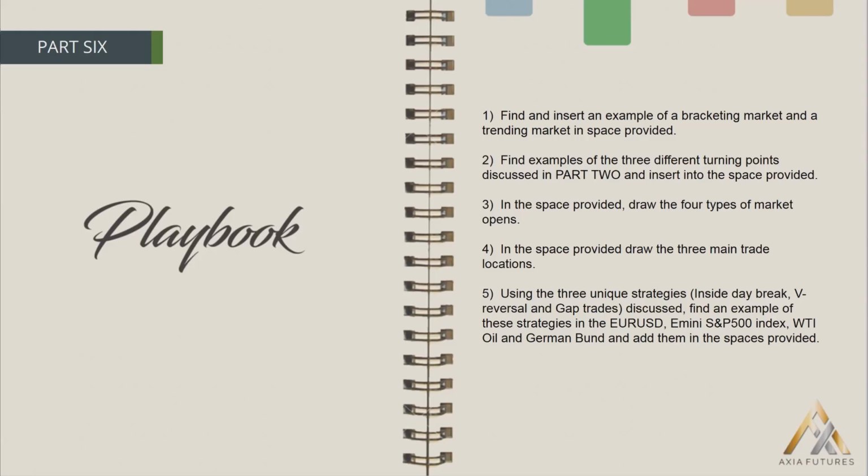Then the next question, find examples of the 3 turning points we discussed in part 6 and insert them in the space provided. Again, pay special attention to differentiating between the slow loss of momentum top, the excess top, as well as the extreme excess top.